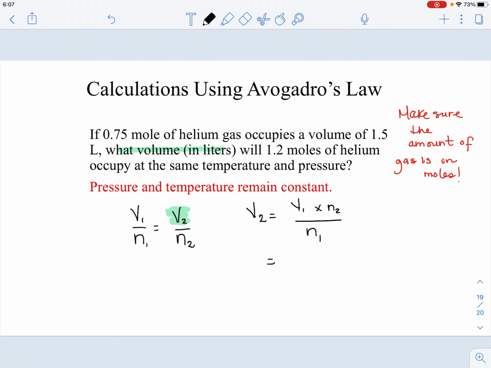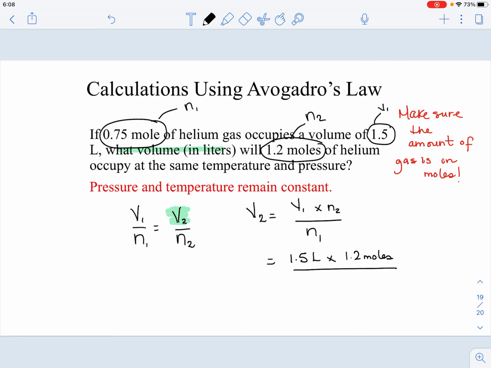But for this particular problem, as you can see, we have our V1, we have our N1, we have our N2, and then we plug in our numbers. 1.5 liters multiplied by 1.2 moles divided by 0.75 moles.